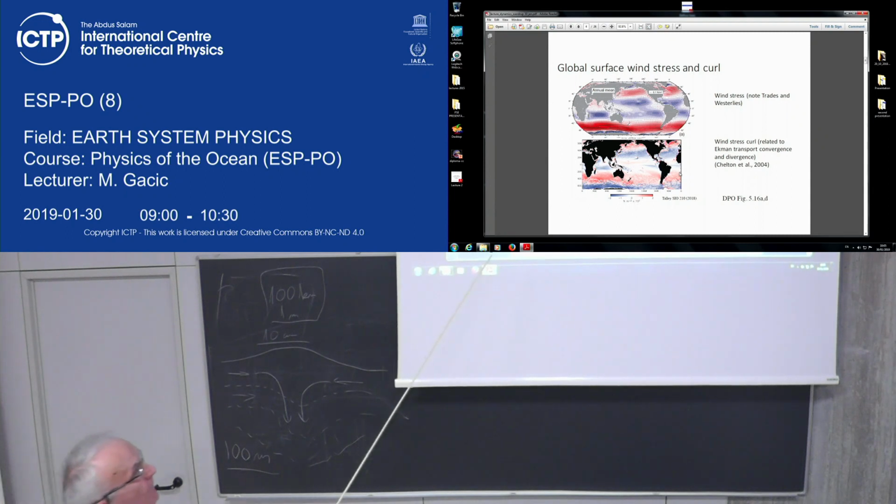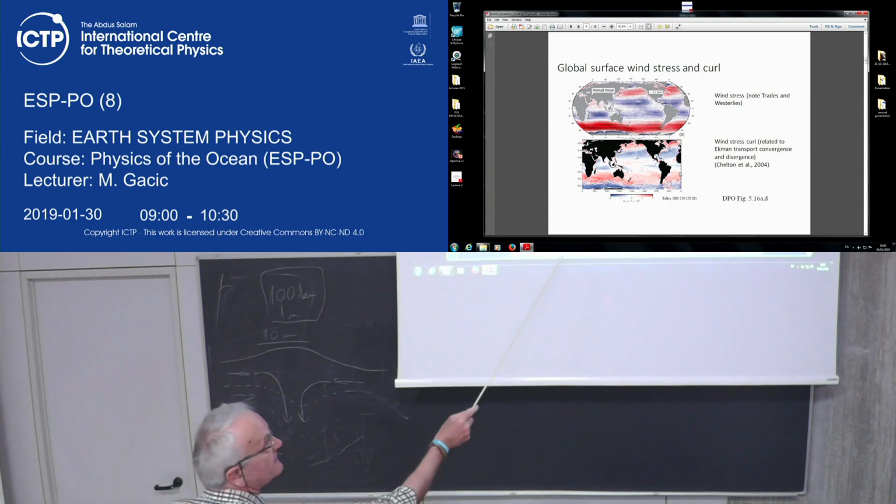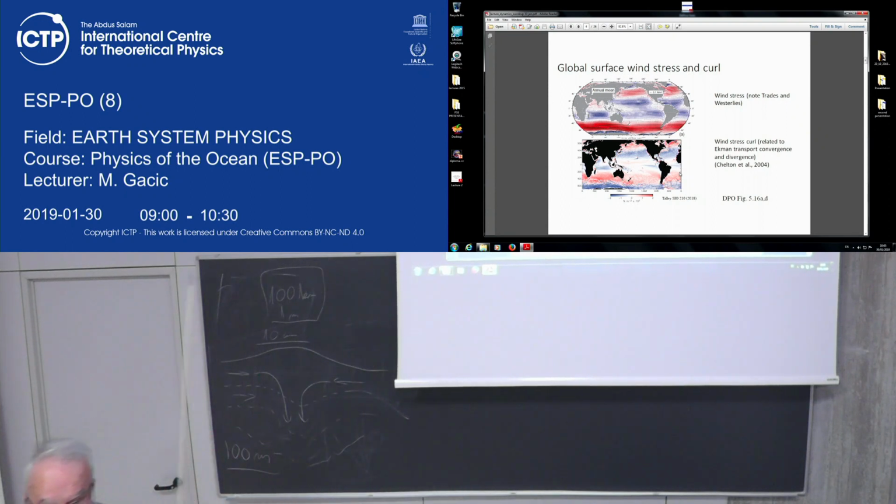And then finally we have here the negative wind stress curl along the equator. That's what we have seen before in a very schematic way, but we can see here that the real life situation is very similar to what we have learned in a schematized way.